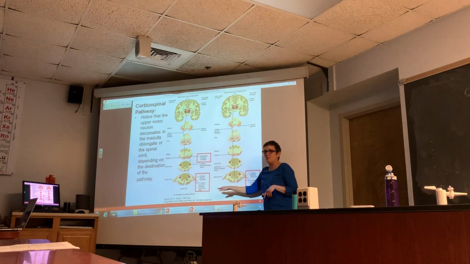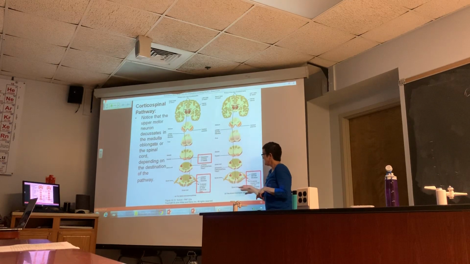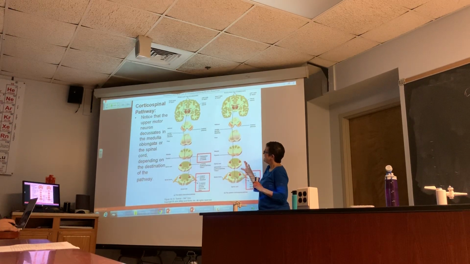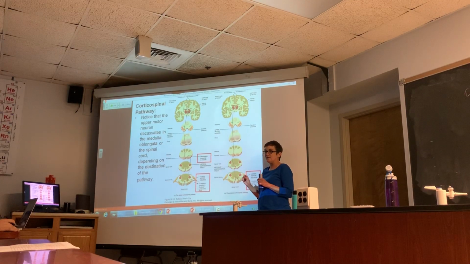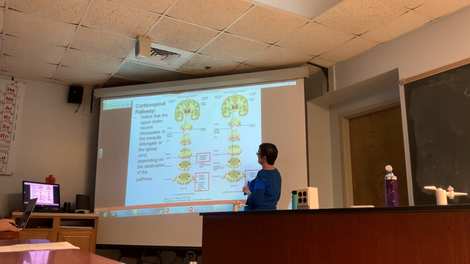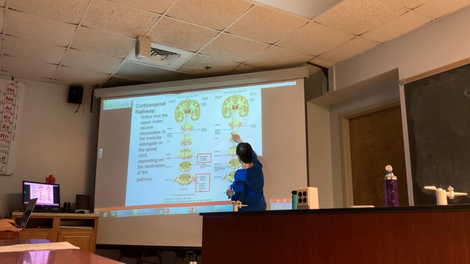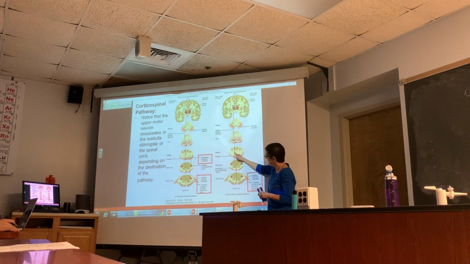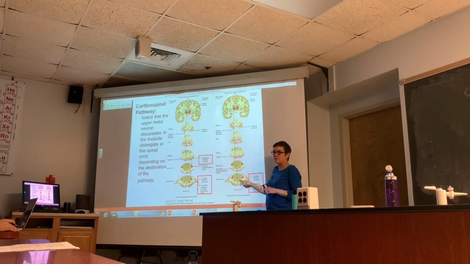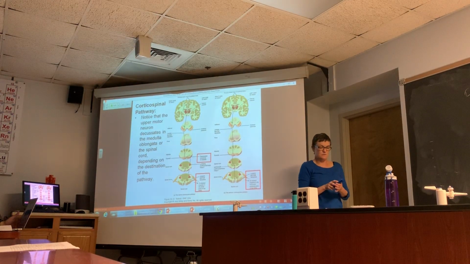I'm not going to ask you questions about which one crosses over, in this case or this case, but you should just know that depending on the destination of that impulse, the muscles that are going to be stimulated, you either have crossing over or decussation in the medulla oblongata of the brain, which is in the brainstem, or you have decussation in the spinal cord. So here the upper motor neuron crosses over from right to left, synapses with the lower motor neuron. So there's crossing over in the spinal cord or the medulla in those motor pathways.